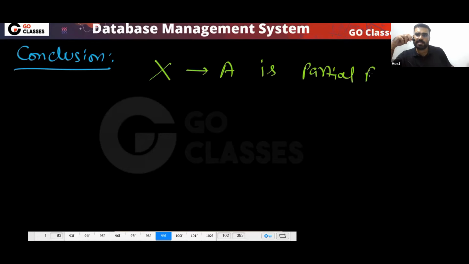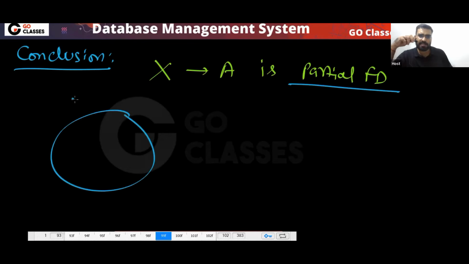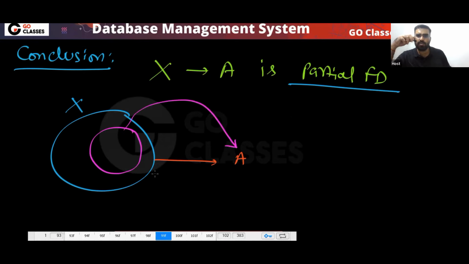When can I say this is partial? Let's assume this is X, and X is determining A. I can say it is partial when some subset is determining A. Yes or no?